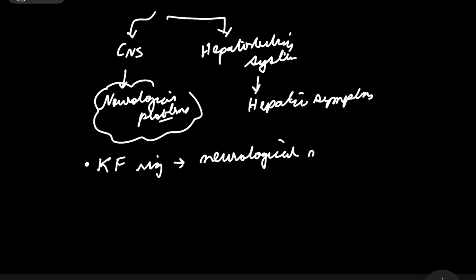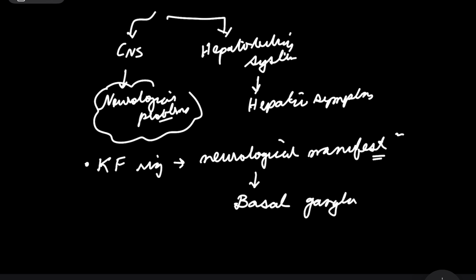That means a person suffering from Wilson's disease whose central nervous system, more precisely the basal ganglia, has been affected will definitely have Kaiser Fleischer ring formation in the eyes.